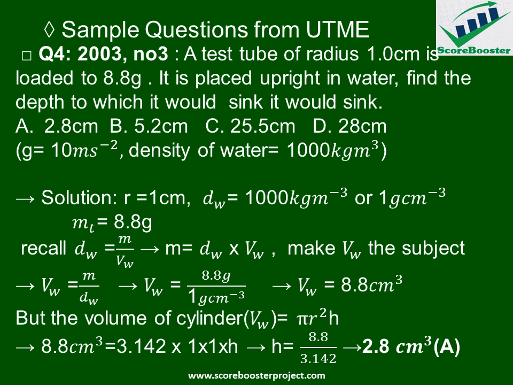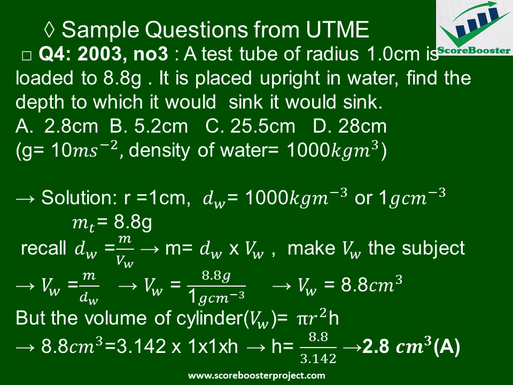The volume of water will be the mass, which is 8.8 gram, divided by the density of water, which is 1 gram per cm cube, and that makes our volume of water 8.8 centimeter cube.